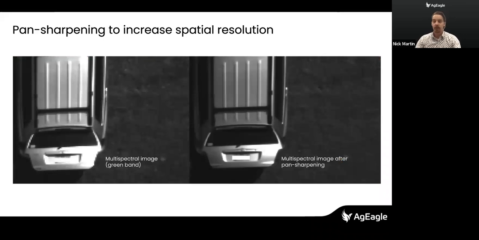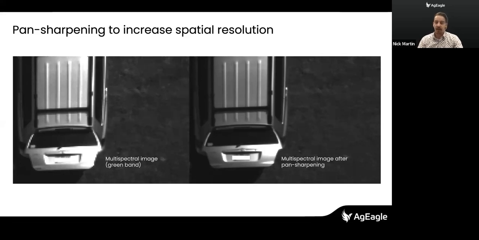Pansharpening is a really cool image processing technique that right now MicaSense is one of the only companies to offer. So what is pansharpening? Panchromatic band sharpening.